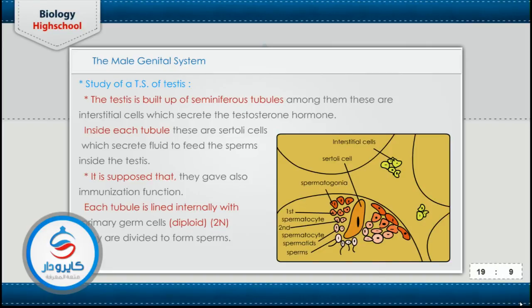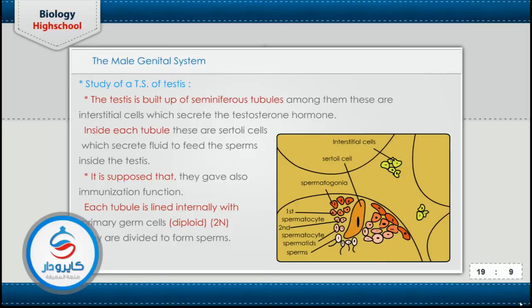But inside the seminiferous tubules there is a great number of cells. The outer part contains the cells called the spermatogonia. The spermatogonia are diploid cells. They grow to form the first spermatocytes, and the first meiosis division changes the first spermatocyte into the secondary spermatocyte.